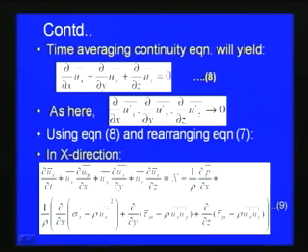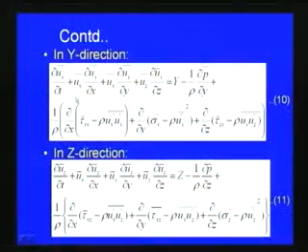You can see that we have used the time averaging concept, then the turbulence mean flow theory, and finally we have transformed Cauchy's equation, the general equation of motion, into the turbulent flow equation. This is the x direction, equation number 9. Similarly, we can write in the y direction and z direction.